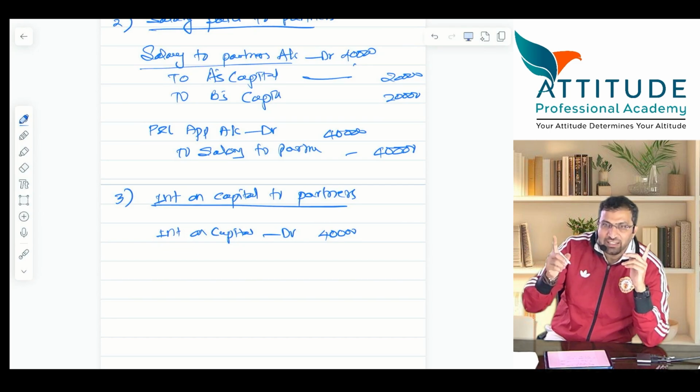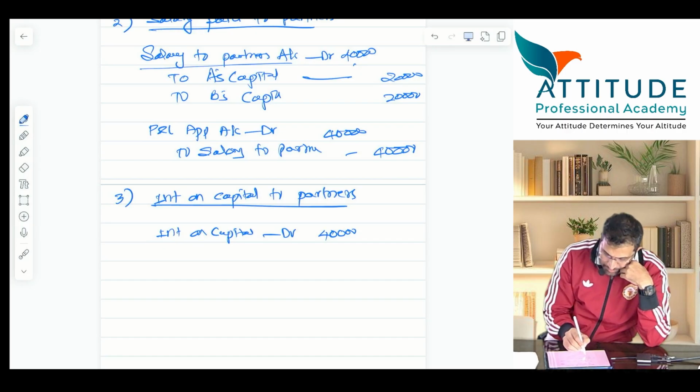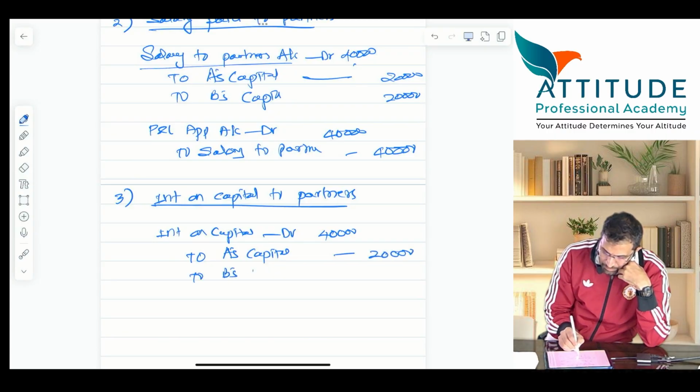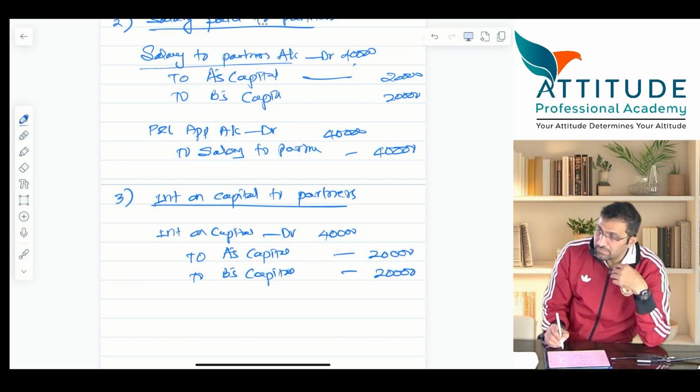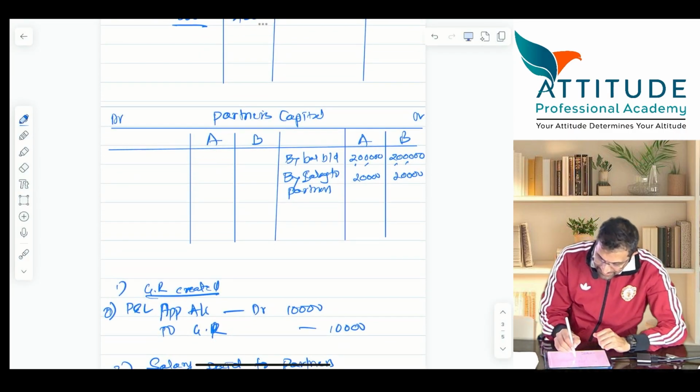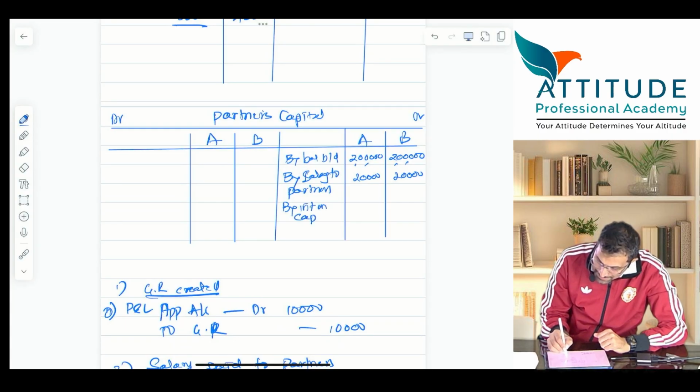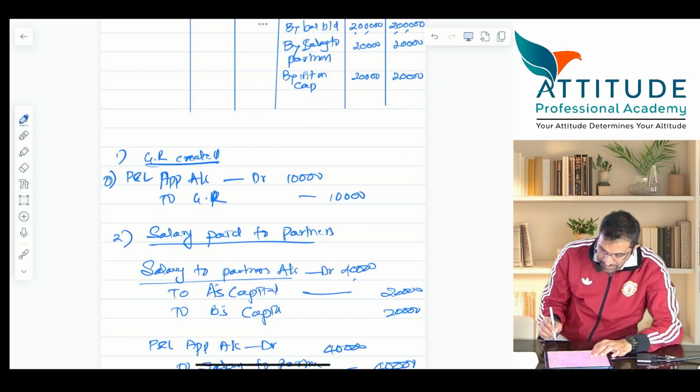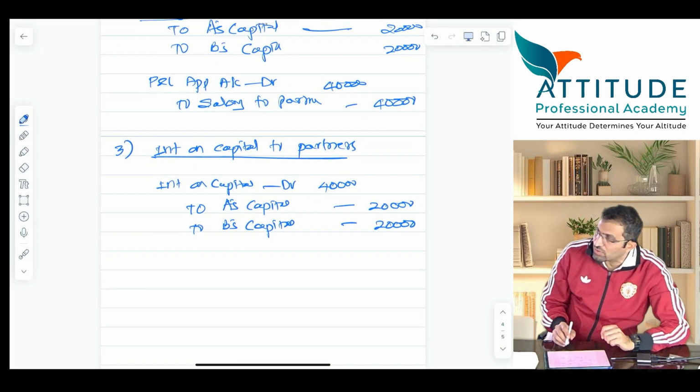So total कितना हो गया? 40. Interest on capital account debit to A's capital. Tell me, to A's capital how much? 20,000. To B's capital how much? 20,000. So you will come here and write here by what? By interest on capital. Again 20,000 and 20,000.